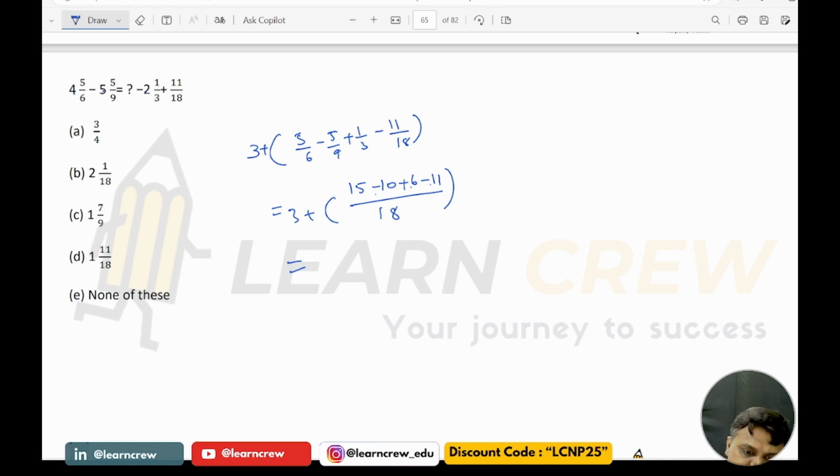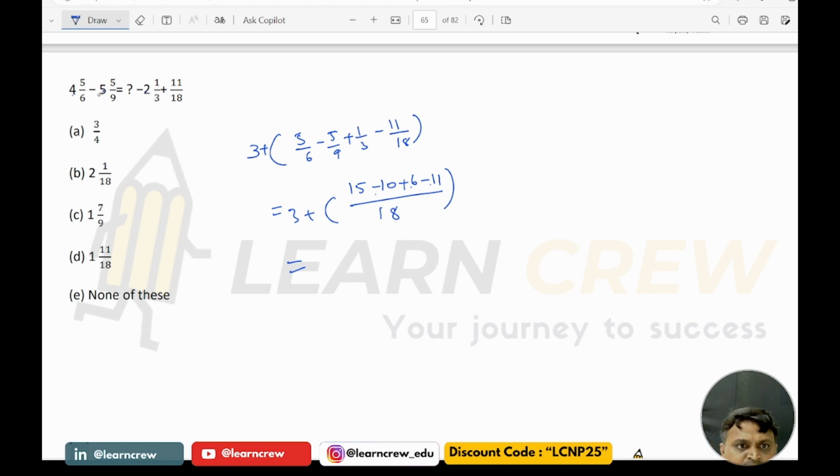4 5 by 6. Am I correct? 4 minus 5 is minus 1. Is there any mistake in the question, or am I correct? So minus 5 by 9. Minus 2 1 by 3 plus 11 by 18.